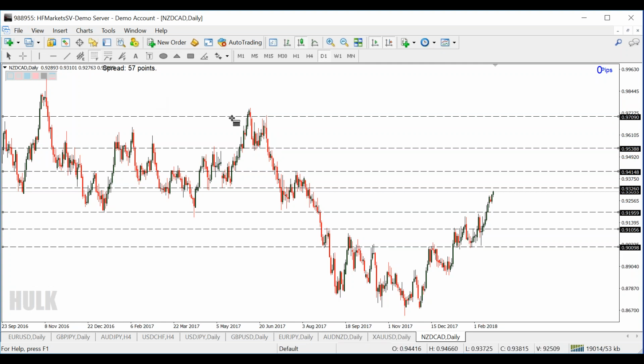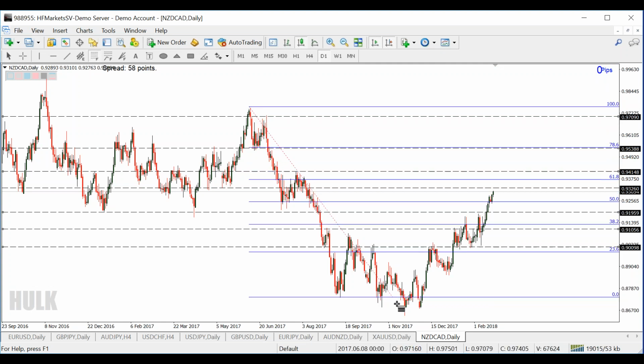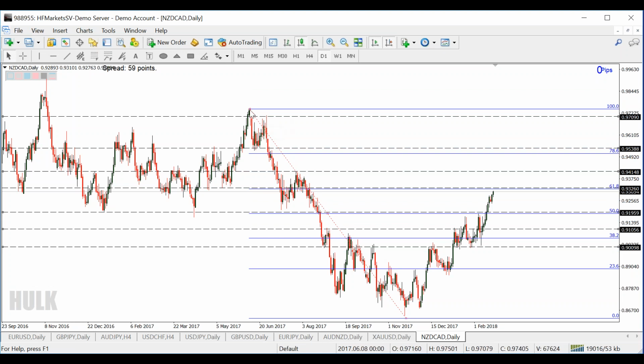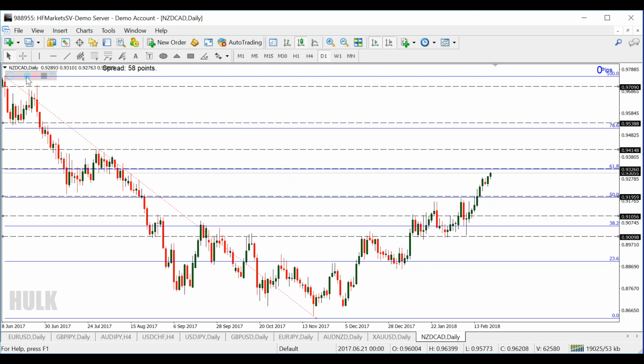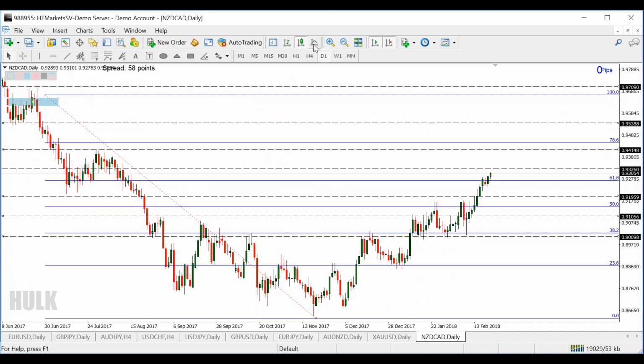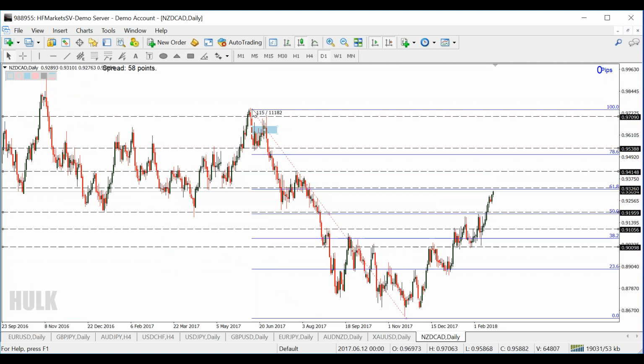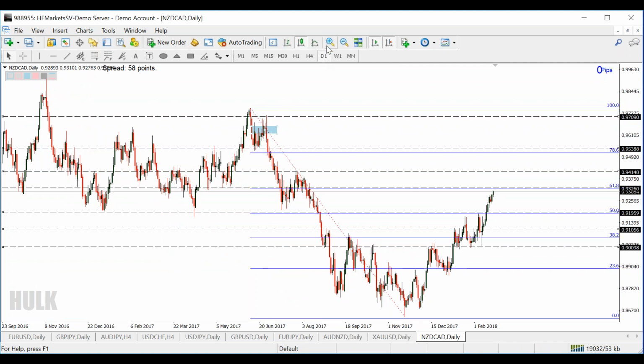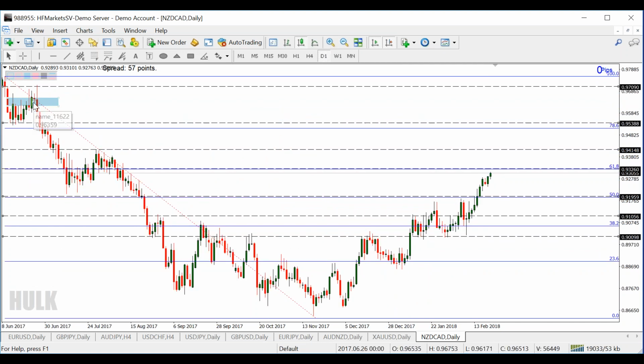So kalau kita ambil Fibonacci top to the bottom, swing high to swing low, and you try to find where is the strong area. You can see ini.